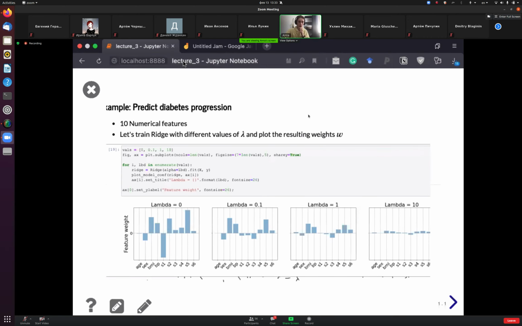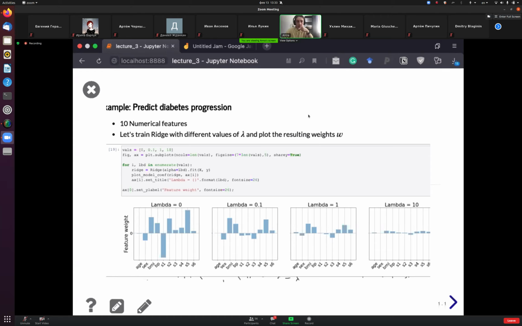We start from lambda equal to 0, which corresponds to simple linear regression. On the x-axis you see the names of the features we've used, and the bar shows the value of the coefficient. If the bar looks upwards, the coefficient is positive; if downwards, it is negative. Then we start increasing lambda.